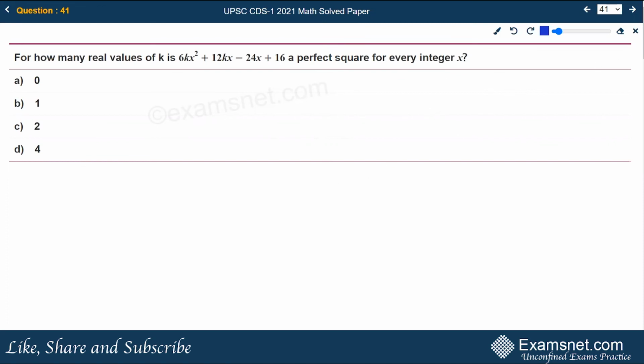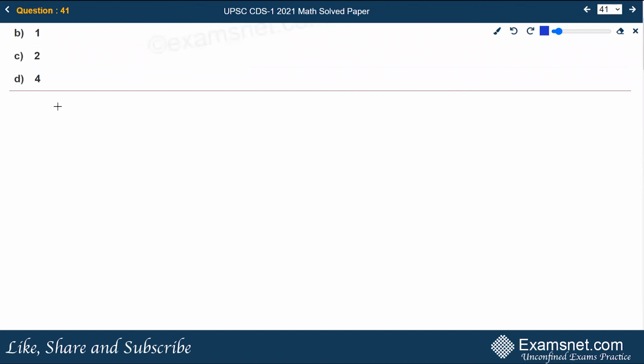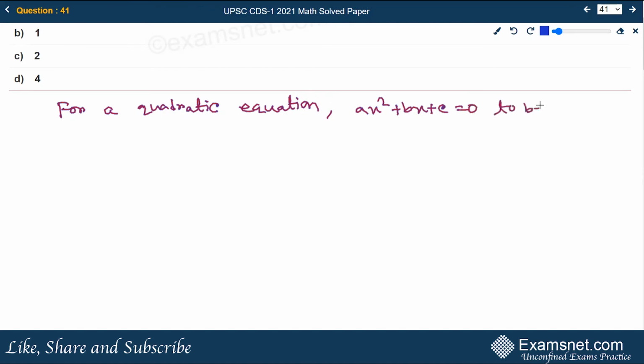So if we start talking about the concept behind this, for a quadratic equation ax square plus bx plus c equals 0 to be a perfect square, the discriminant d, which we calculate as b square minus 4ac, should be equal to 0.